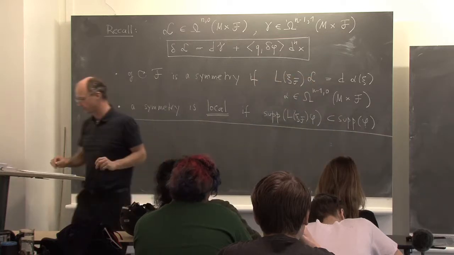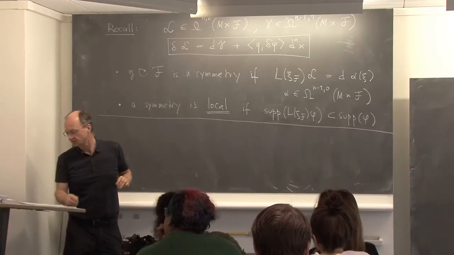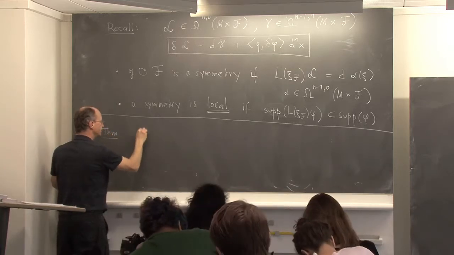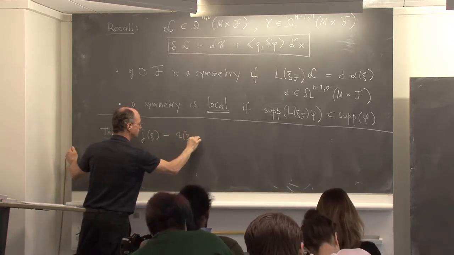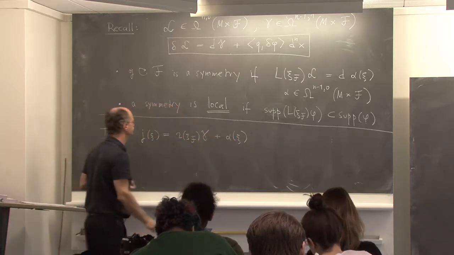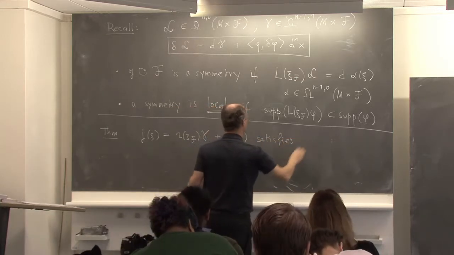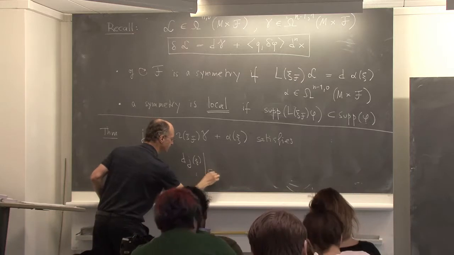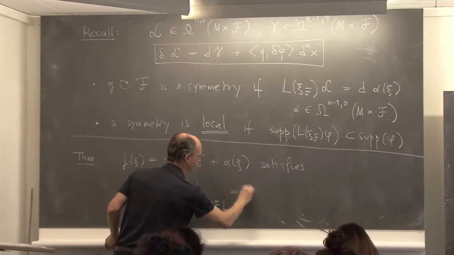So let me recall that last time we stated the following theorem. The quantity j of ψ, which is a finite combination of γ and α, satisfies the following equation: d j of ψ on solutions of EL is equal to 0.